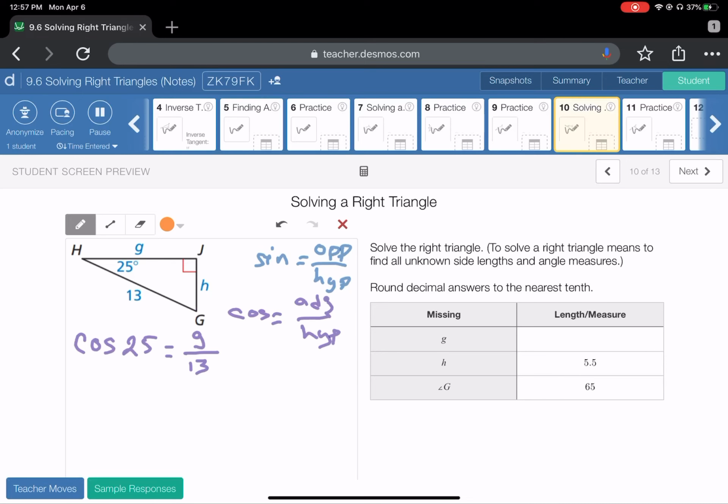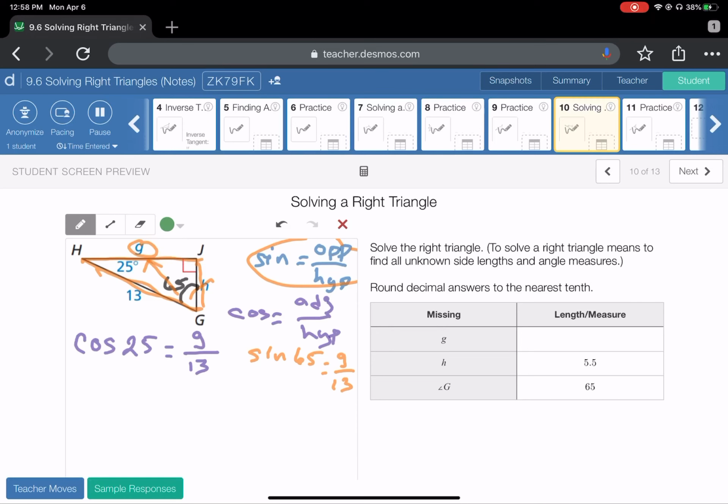But I can also use this angle that we found, 65. If I want to use angle 65, I have the opposite and the hypotenuse, which is sine. So I can do sine of 65 is equal to g over 13.